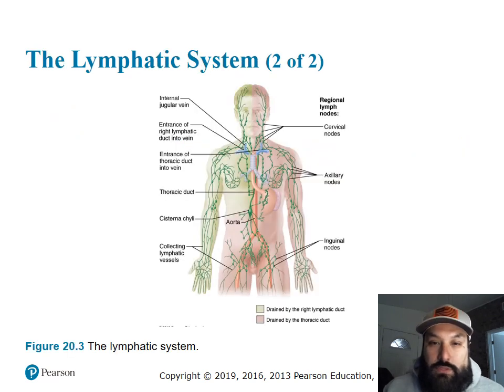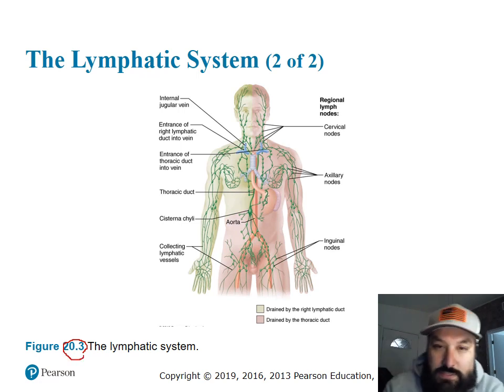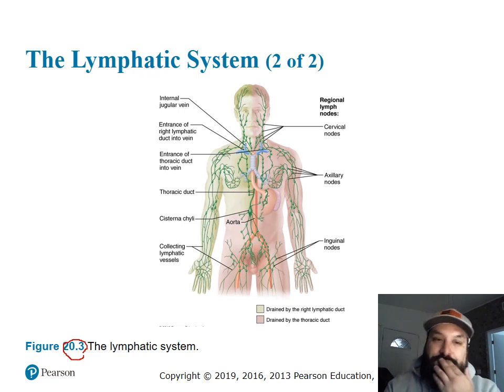So looking at this figure again from 20.3, you see the lymphatic system. You see the veins, the jugular veins there, and how these ducts feed the lymph into those veins, and then you also see all the lymphatic vessels, and the lymph nodes scattered everywhere.